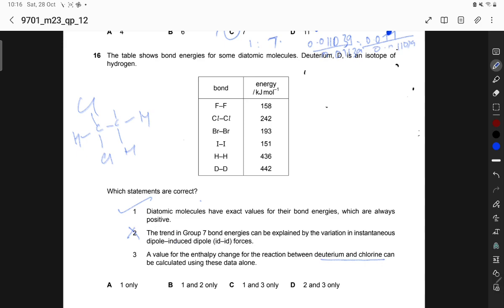So a value for the enthalpy change for the reaction between deuterium and chlorine can be calculated using these data alone. Yes, this is also correct. It's also not correct that molecules have exact values for their bond energies, which are always positive. So the value for the enthalpy change for the reaction between deuterium and chlorine can be calculated using these data alone. No.